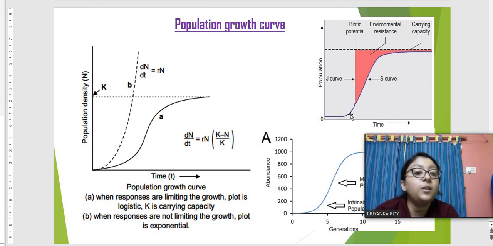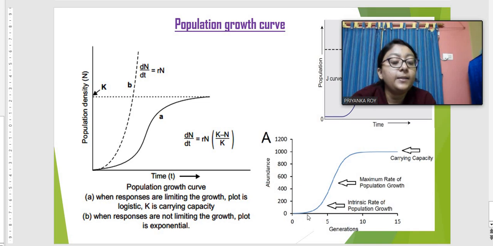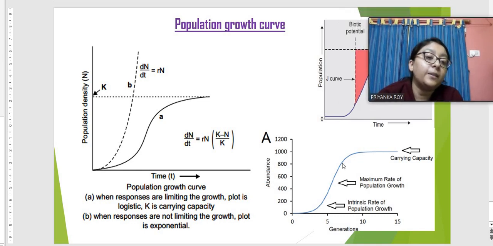So here you see that this J-shaped curve will rise when there is a biotic potential without the environmental resistance, but it will soon turn into an S-shaped logistic growth curve when there is carrying capacity and environmental resistance. This increase in the initial stage is known as the intrinsic rate of population growth, but before it reaches the carrying capacity it is the maximum rate of population growth, and just when it reaches the carrying capacity it reaches the plateau stage, and therefore it cannot increase any further from here.